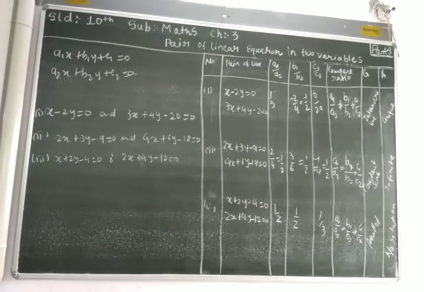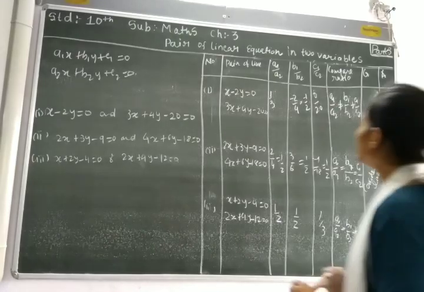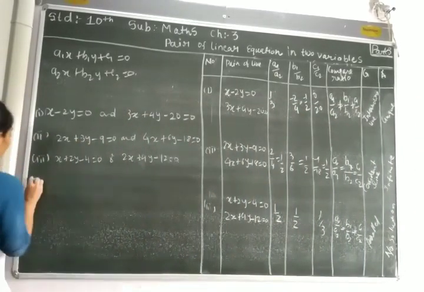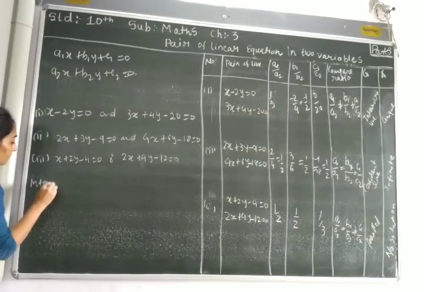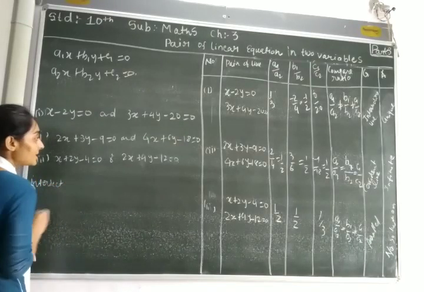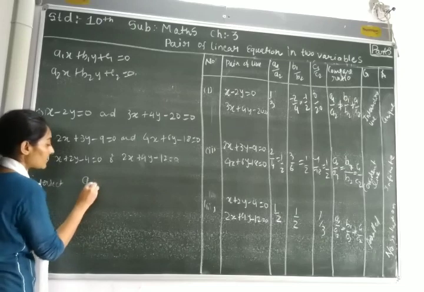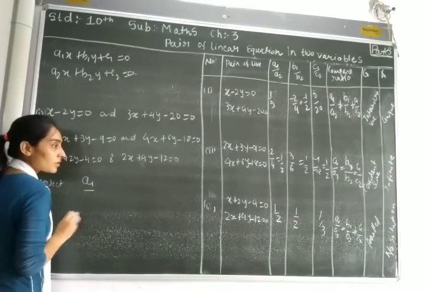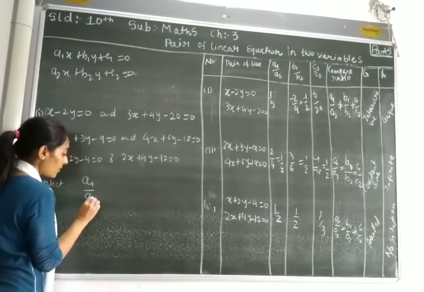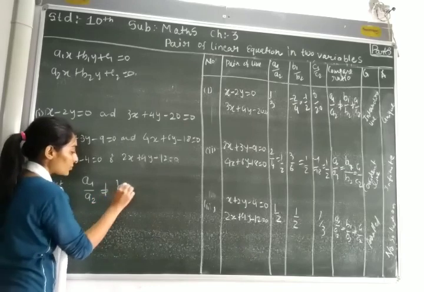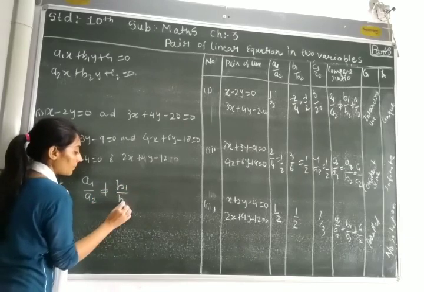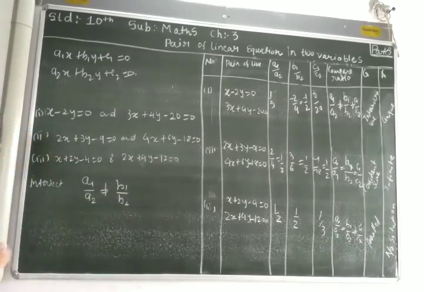Condition for consistency, we have found that, okay, now when lines intersect, we have found that the ratios of that lines are A1 upon A2 is not equal to B1 upon B2. Okay, ratios were not the same.